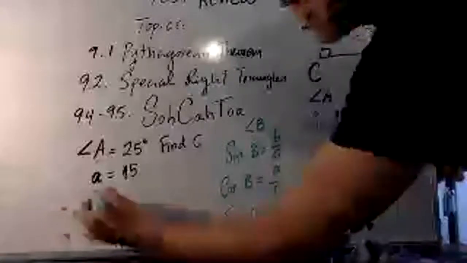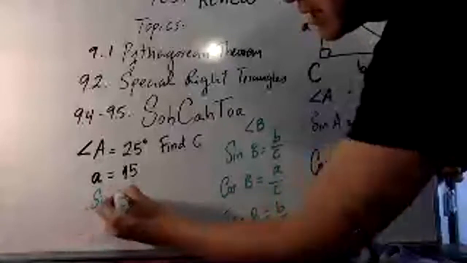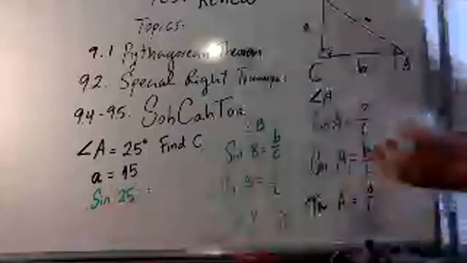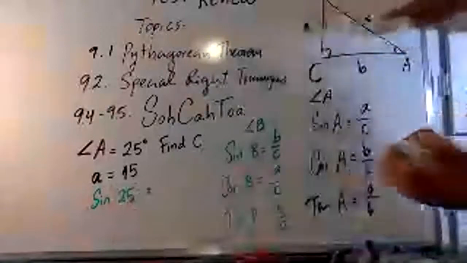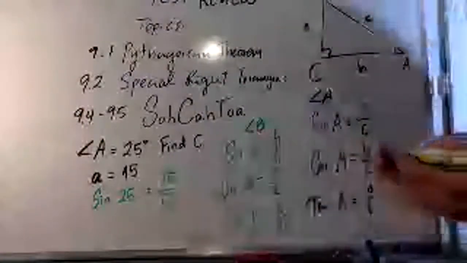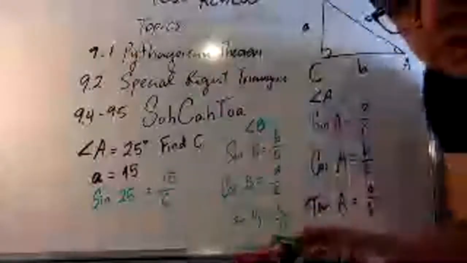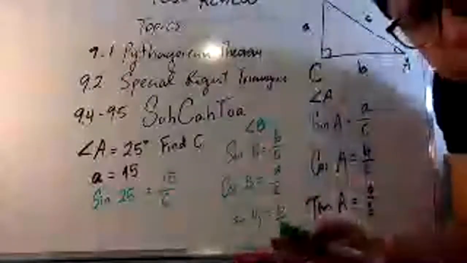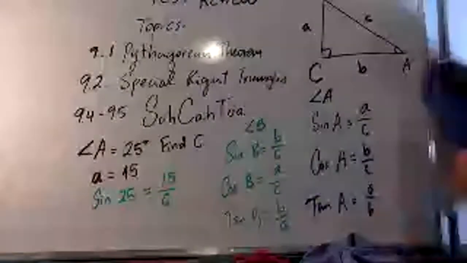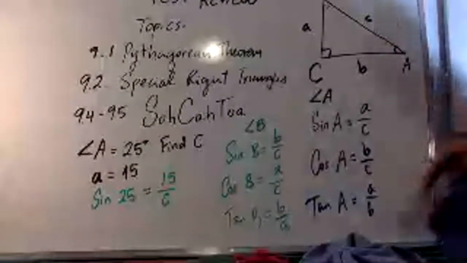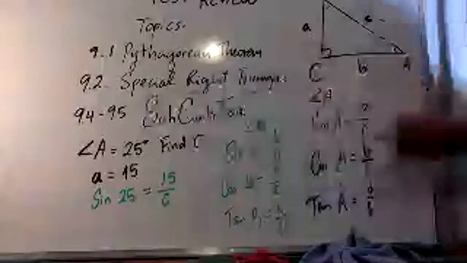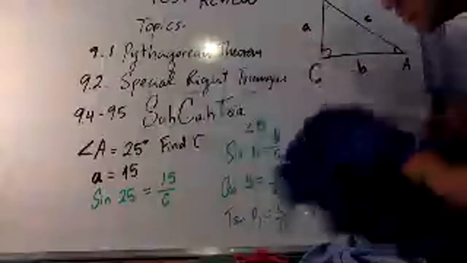Now you will see that sine of 25 is equal to opposite over hypotenuse, which is going to be 15 over C, okay? And sometimes, you know, you do the hardest part because you understand this concept, and sometimes some people, we already know this, hopefully, I mean, why not memorized, you know, but you make sense of that because of the definitions. So I'm going to continue solving that exercise.